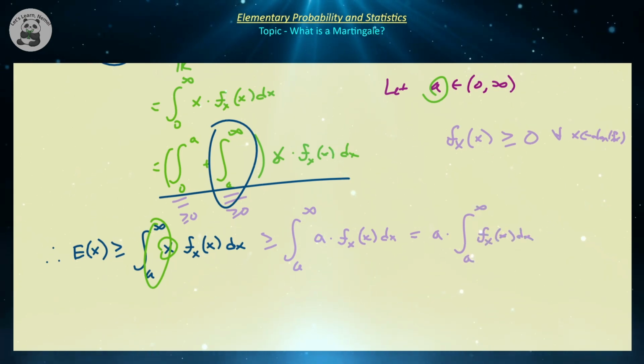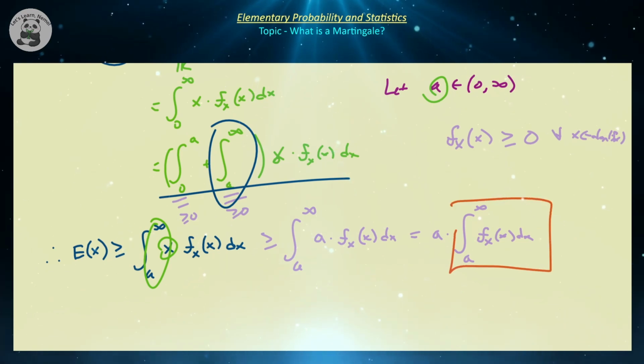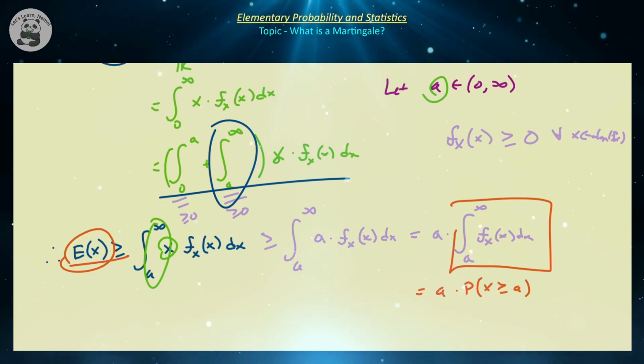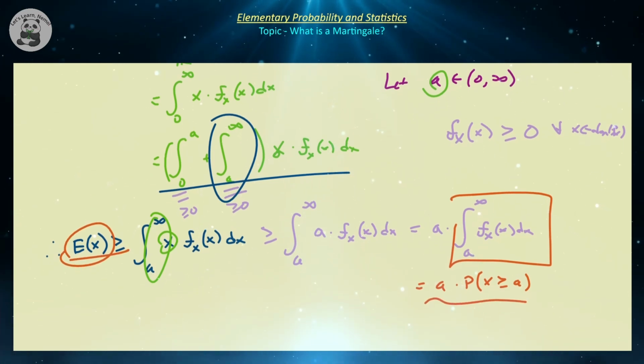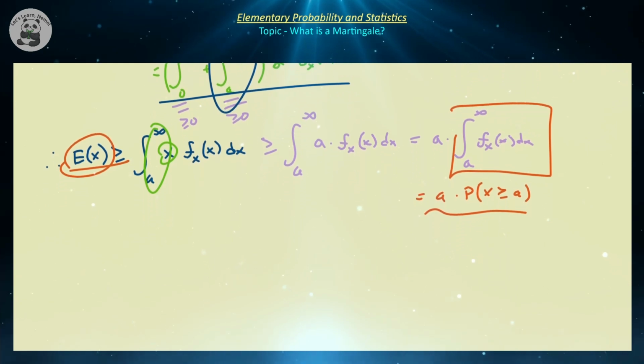And this is the precise definition of the probability that X is bigger than or equal to a, right? So it's equal to a times the probability that X is bigger than or equal to a. So we have the expected value of X is greater than or equal to a times the probability that X is greater than or equal to a. So all we need to do is just rearrange this inequality and we get a result.